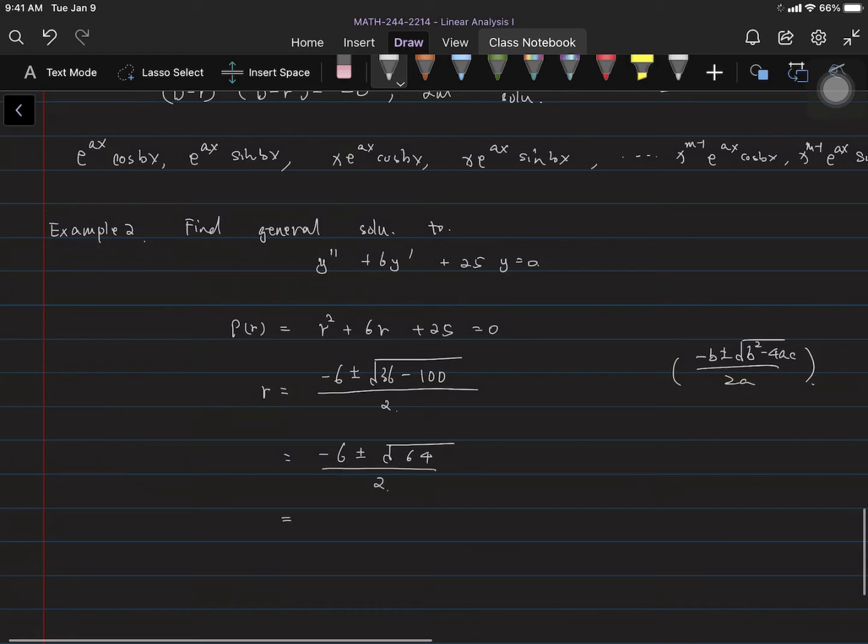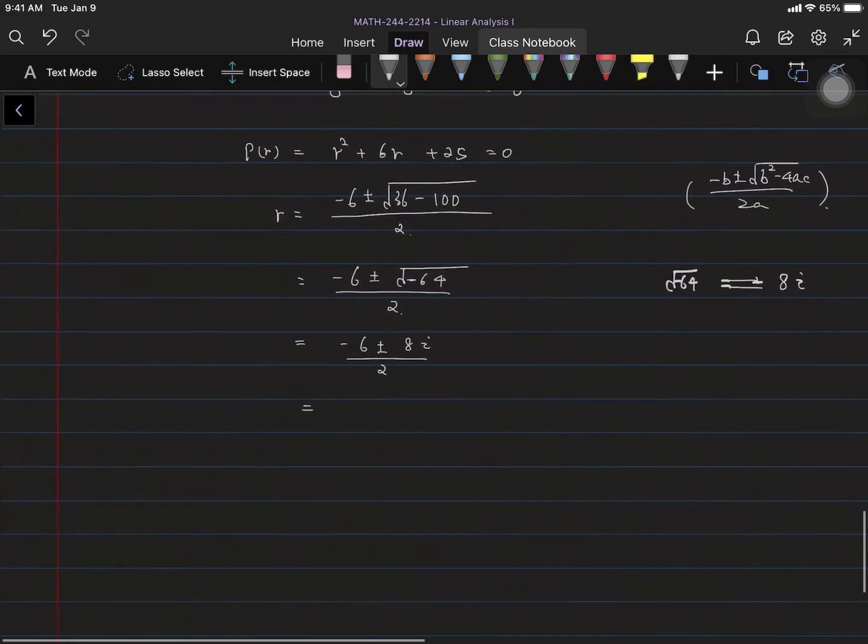Oh, sorry, here it should be negative 64. We're going to get a complex number here, which is 8i. Positive 8i, right? So it's going to be negative 6 plus or minus 8i over 2.